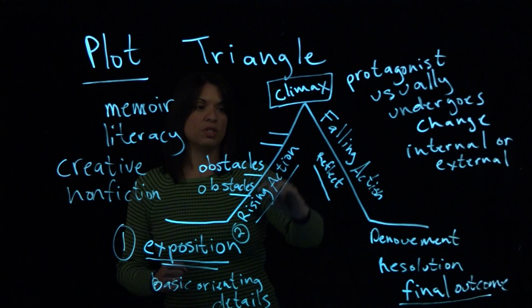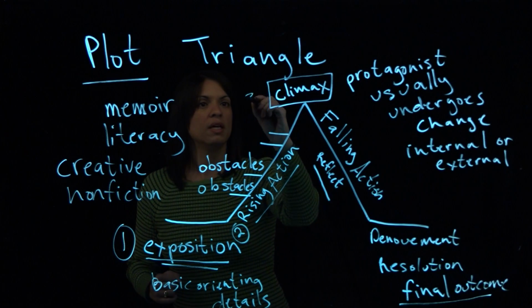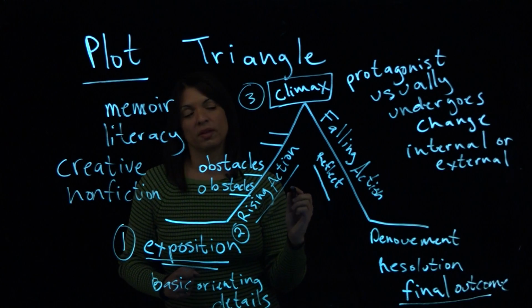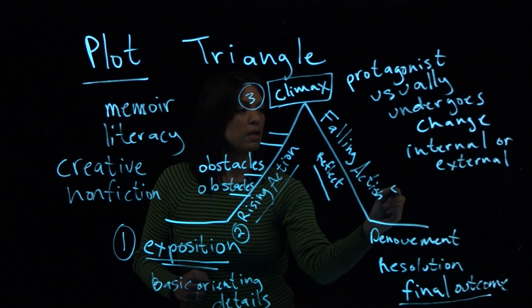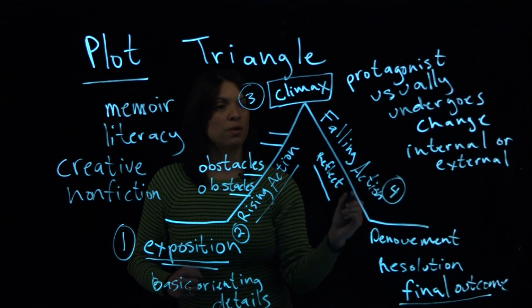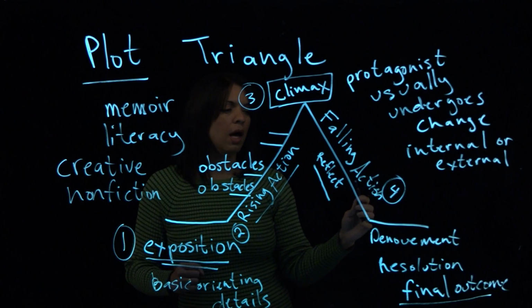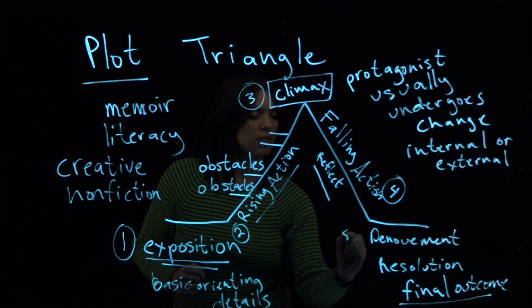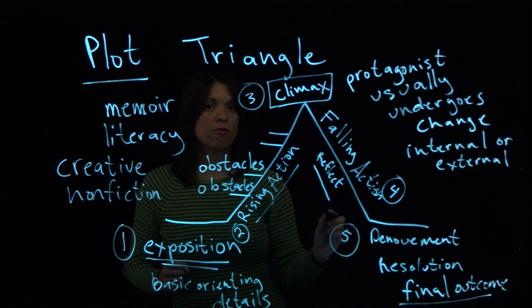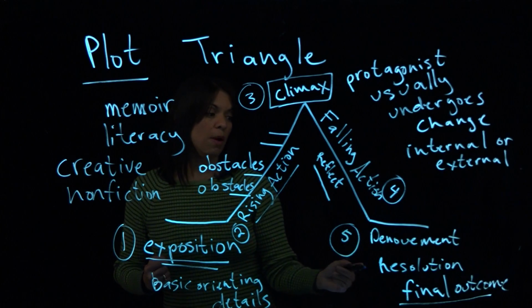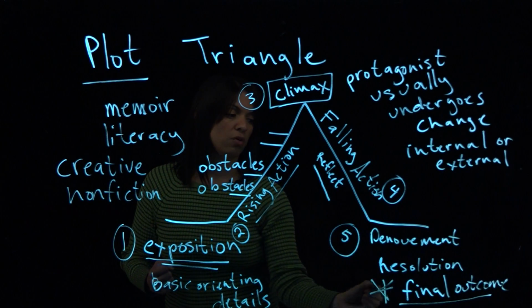Begin with some exposition, have some rising action. Definitely want to have a climax where the protagonist goes through some change, some falling action. What are the consequences of that change or benefits? And then definitely think about how does this all fall into place at the end? What is the final outcome of your story?